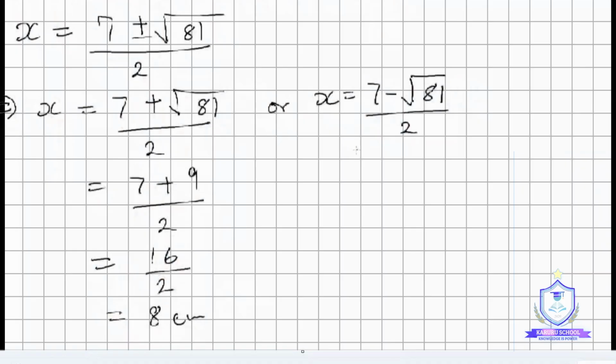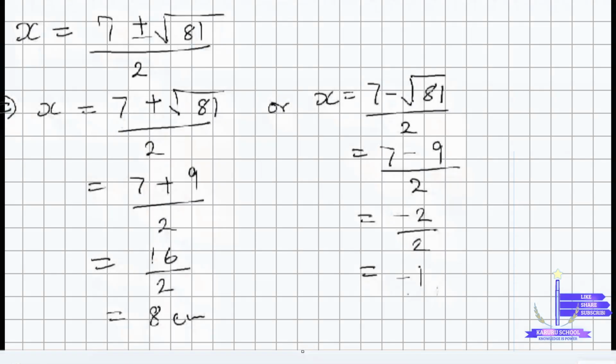On the other hand, x is equal to 7 minus 9 divided by 2. This one would be negative 2 divided by 2, which is equal to negative 1.